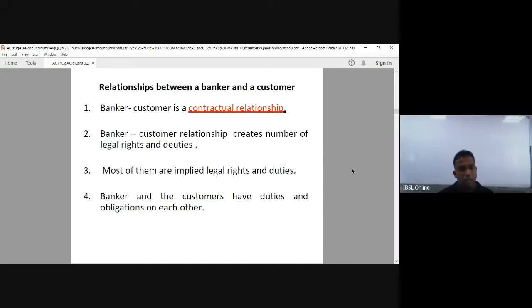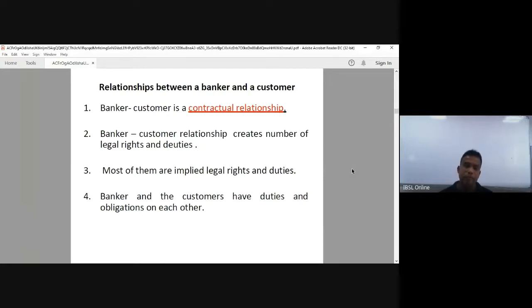So the question is, what are the terms and conditions that we agreed? The general terms and conditions printed in that application are there, but that is only part of this relationship. Other duties and responsibilities between the banker and the customer are not written, they are implied. That is very important that you have to remember.